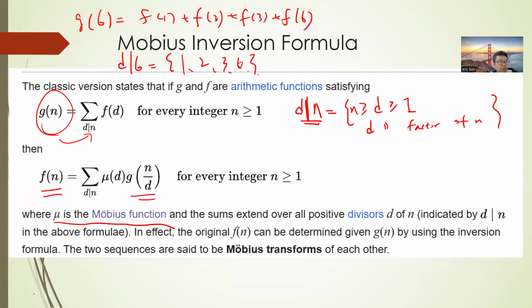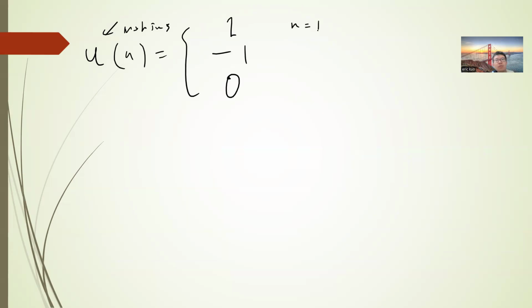Okay, so let me explain the Mobius function. This is mu, called the Mobius function. The definition is that mu of n will be 0, 1 or minus 1. It is 1 if n is the product of distinct primes.